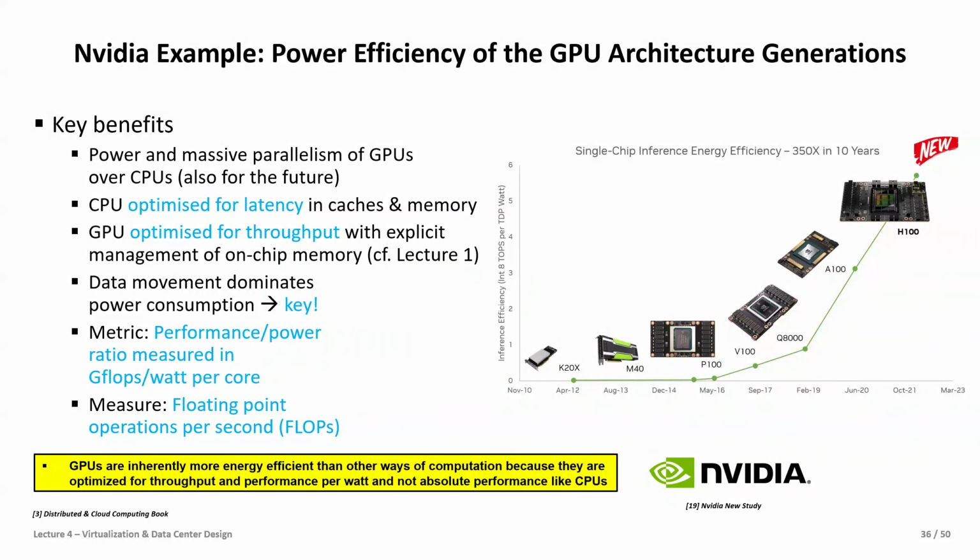But I stop here for the moment, just to think about the green aspect from another perspective. You will see that with NVIDIA GPUs, the efficiency and the performance-to-power ratio, if you think about the floating point operations per second per watt, has been improved more and more.